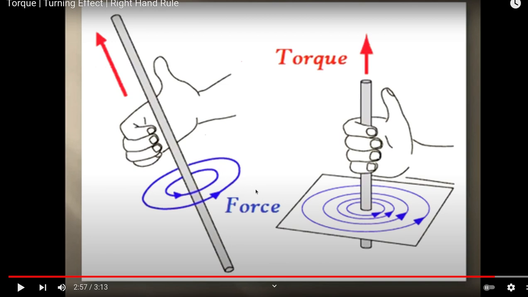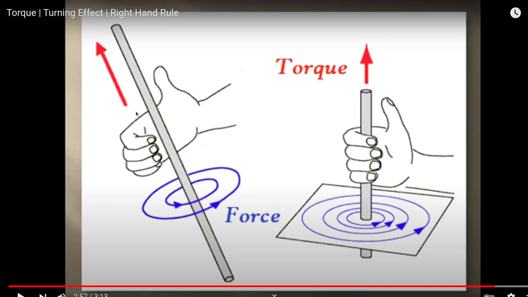Here the word force is written because we are applying a force to get the torque. Torque is the moment of force, and when you try to rotate a bar, you are essentially trying to apply a force. You are trying to apply a couple, that's a better term.